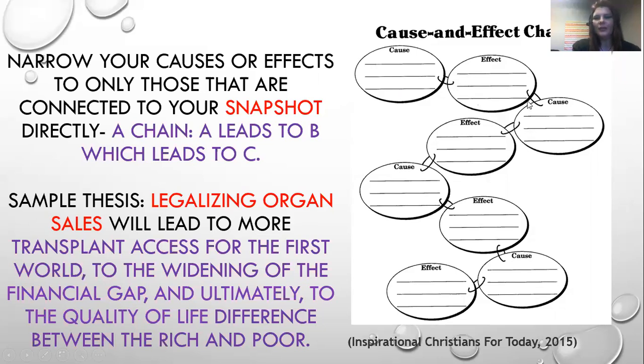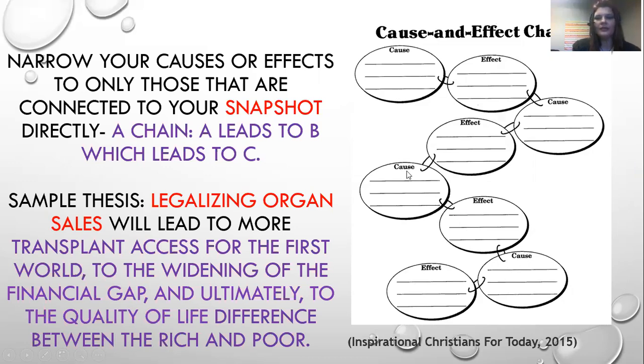And then from that effect, what does that effect cause as another effect, and onward and so forth. Or if your snapshot is at the end of your ideas, you could end with your snapshot as a final effect and think about the causes, the cause and effect relationship.